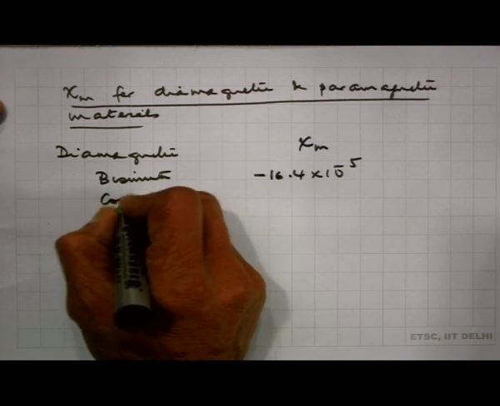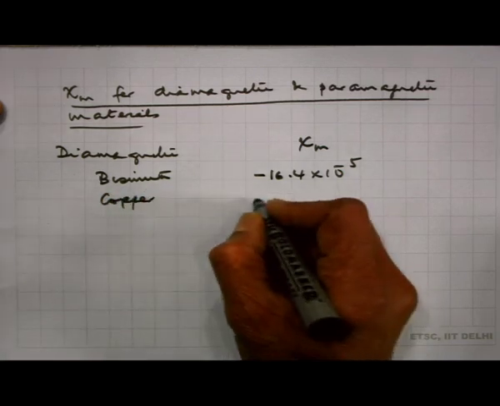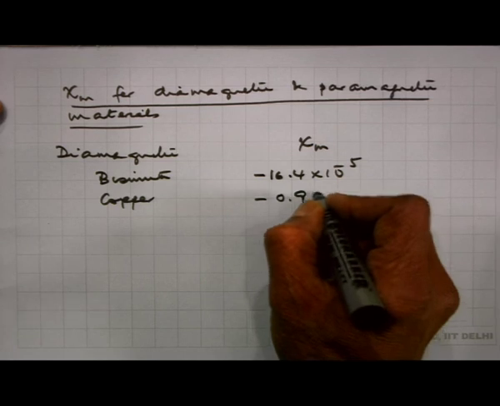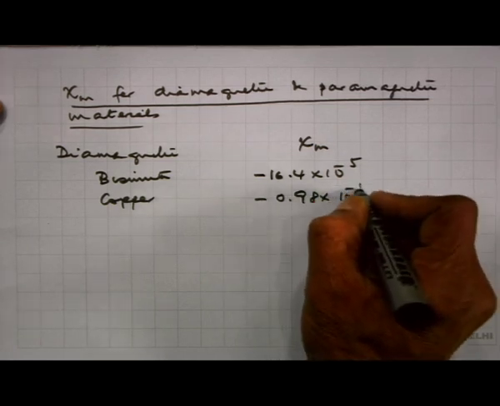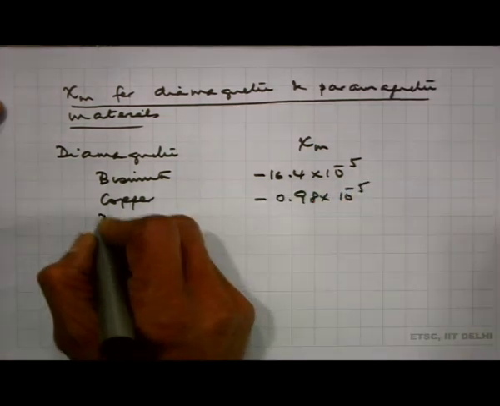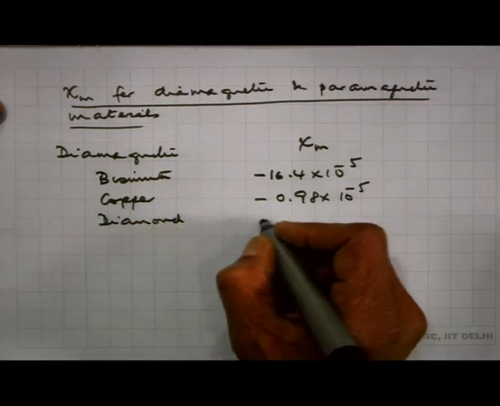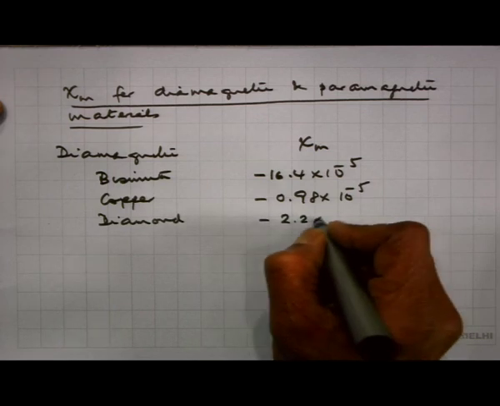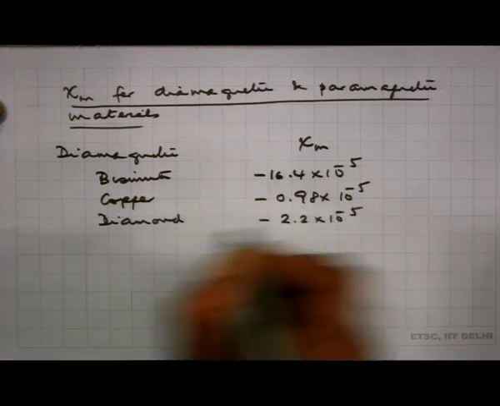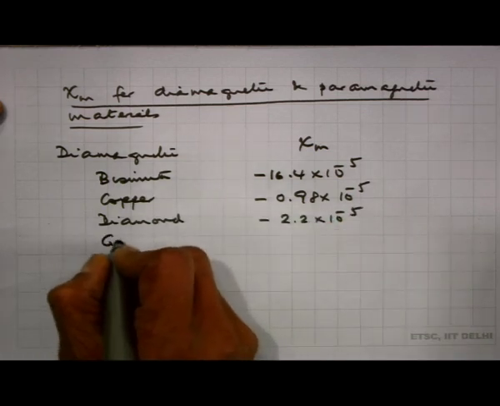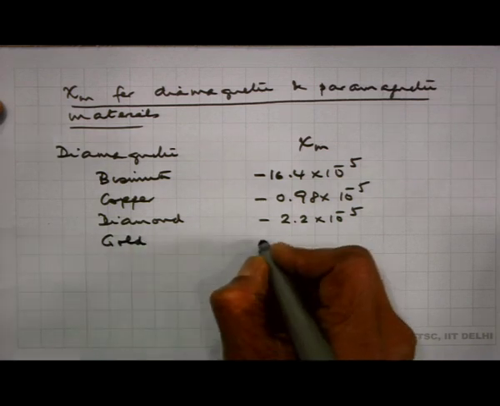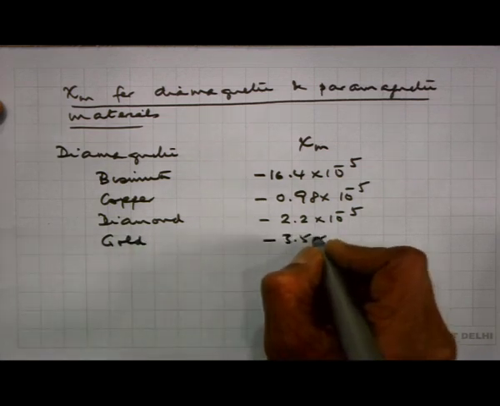Copper is minus 0.98 into 10 to the minus 5. Diamond, minus 2.2 into 10 to the minus 5. Gold, minus 3.5 into 10 to the minus 5.